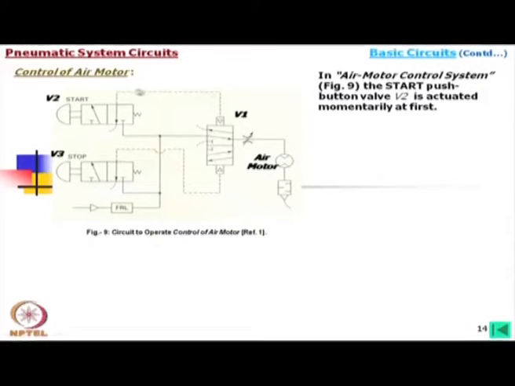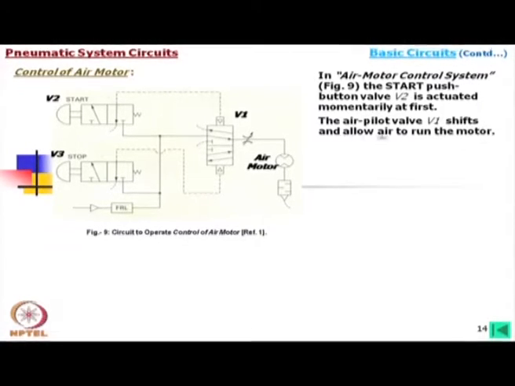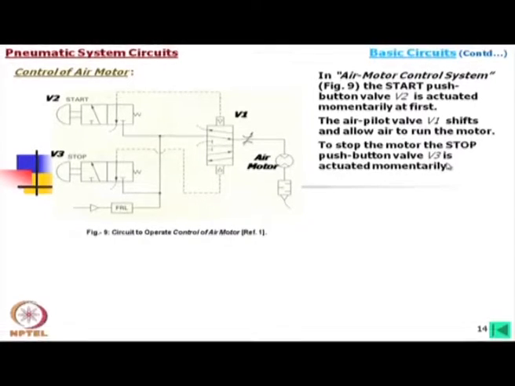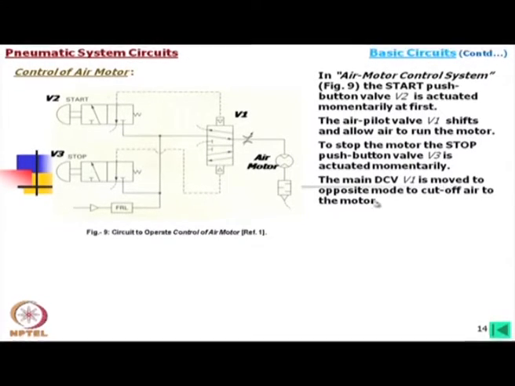Then the air pilot valve V1 shifts and allows air to run this motor. To stop the motor, the stop push button valve V3 is actuated momentarily. Then what happens? The main DCV is moved to the opposite mode. It moves to this mode to cut off air from the motor.